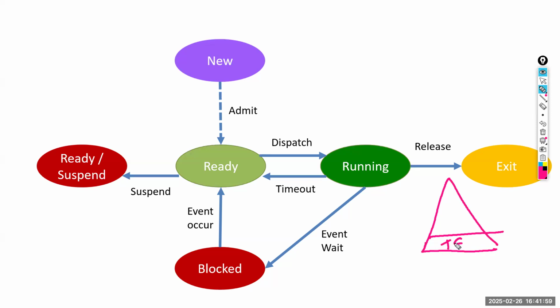Tertiary storage like CD, DVD, pen drives. Secondary storage like your SSD or hard disk. Then your memory, RAM, including the level 1, level 2, level 3 cache. And then your registers. Remember, your RAM or main memory is a limited resource.